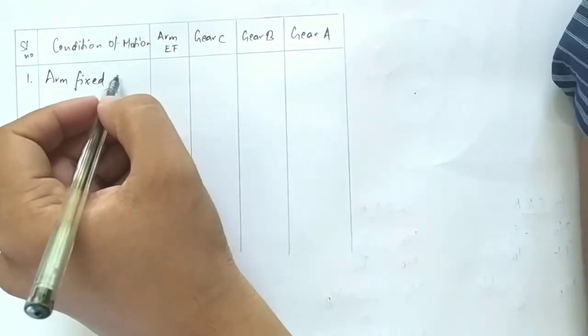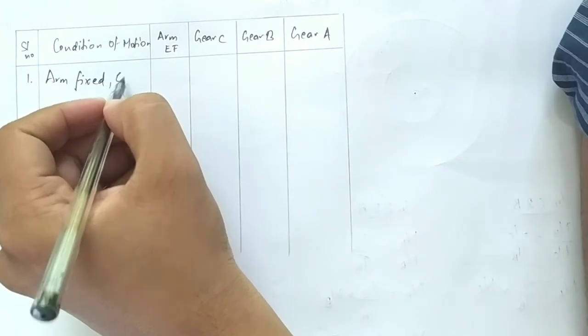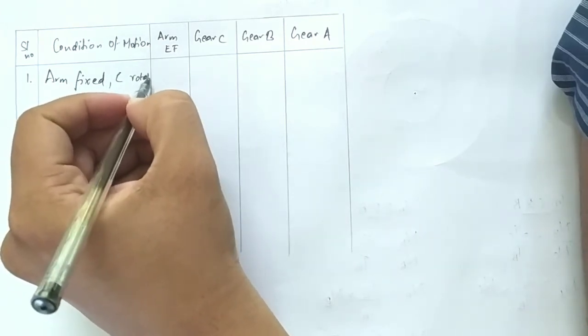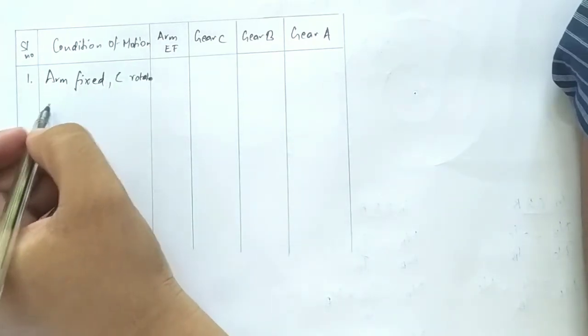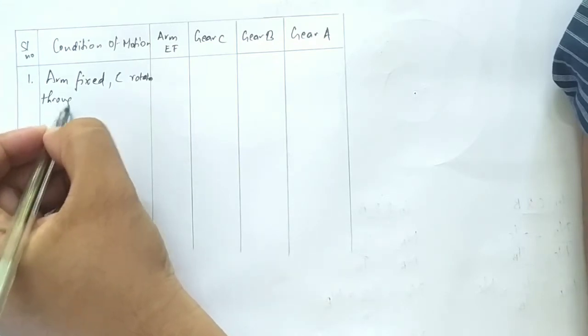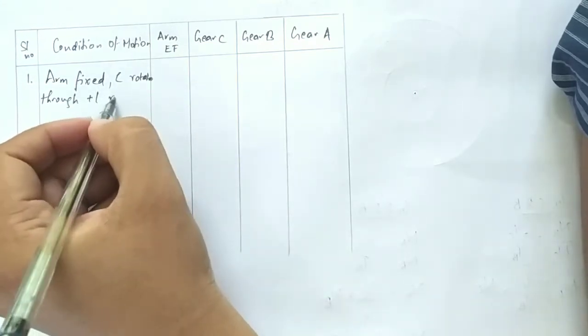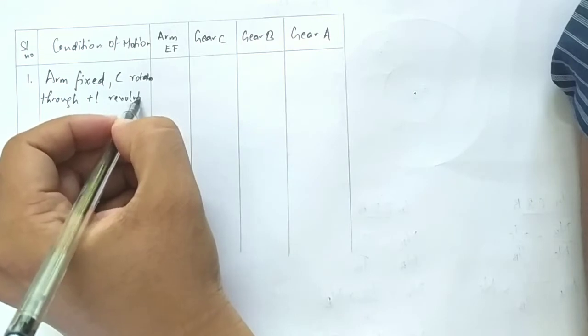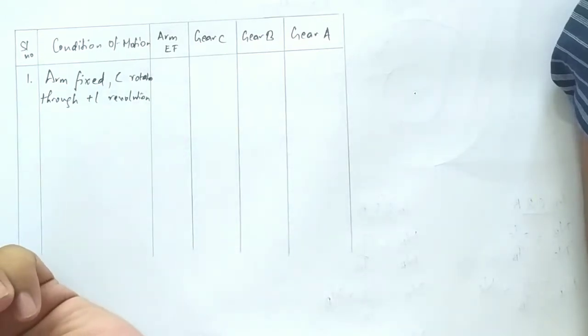Arm fixed and C rotates through +1 revolution. So this is the first condition you are giving.